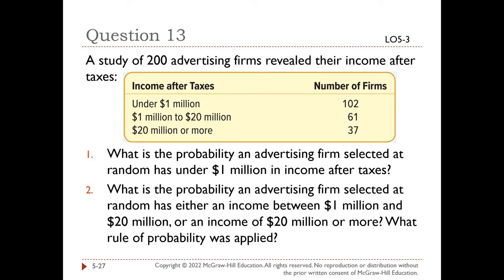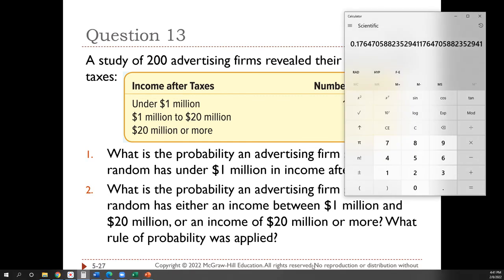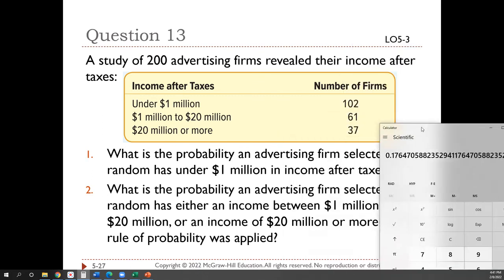So, we have two ways of doing this. One, we need to figure number one out first. So, we need to take our calculator and let's figure out the probability of under 1 million. Answer the first one.